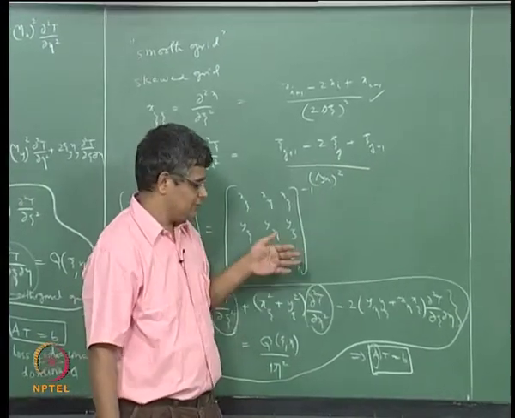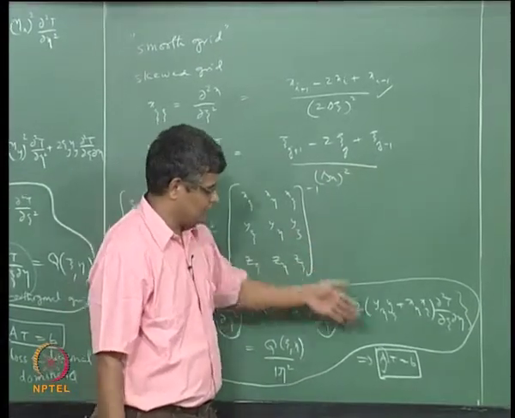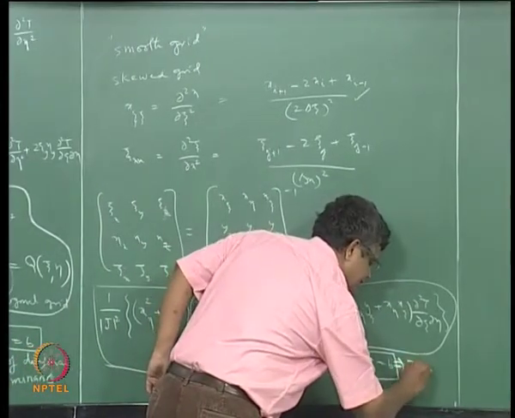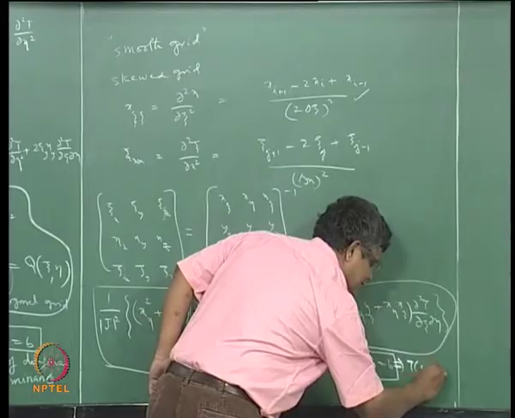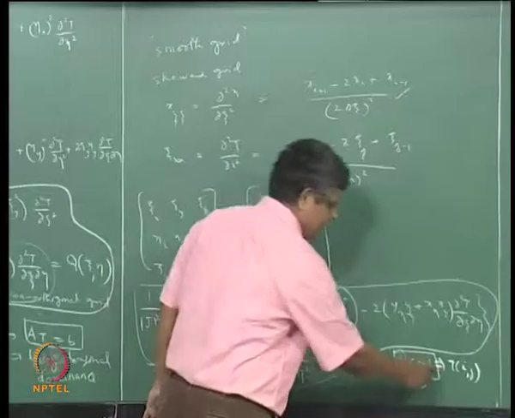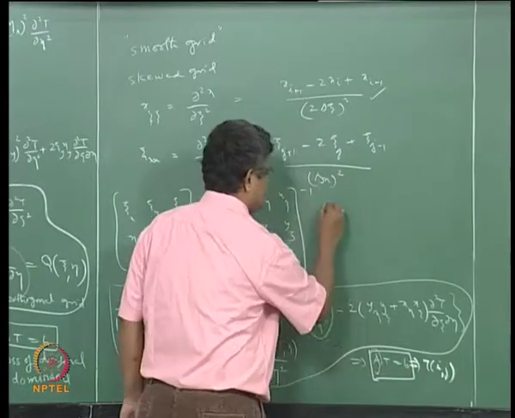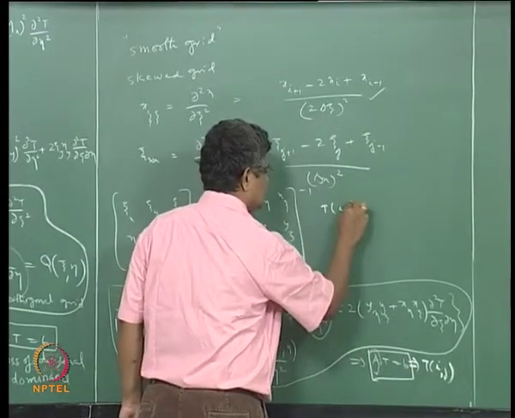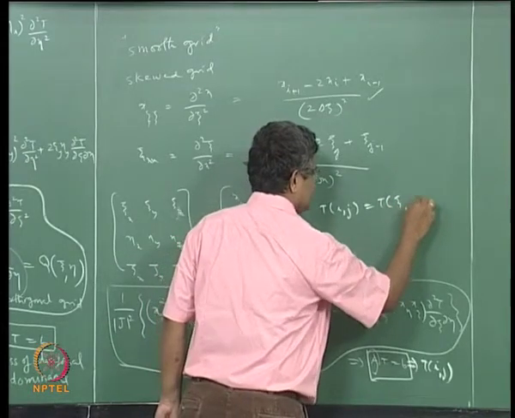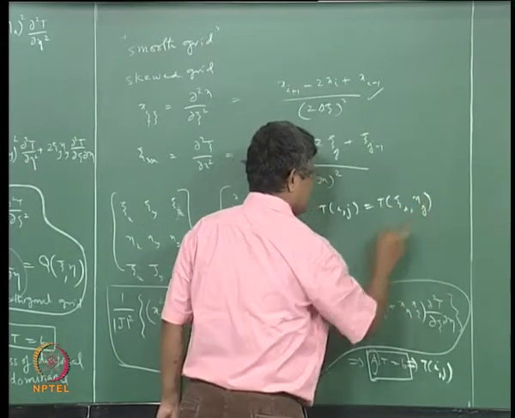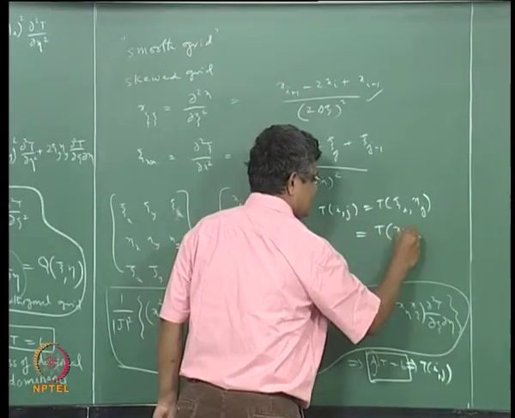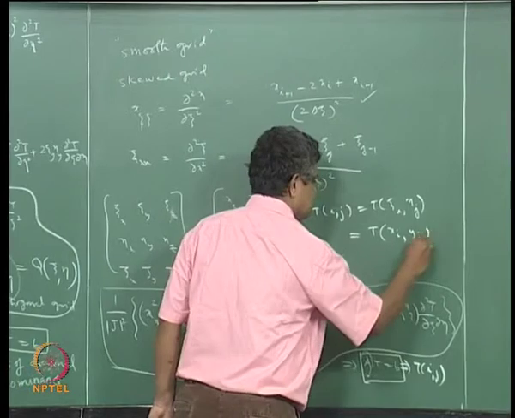We finally use a particular method, and then we solve this to get T as a function of ij, and T at ij is also T at psi i, eta j, and it is also equal to T at xi, yj.